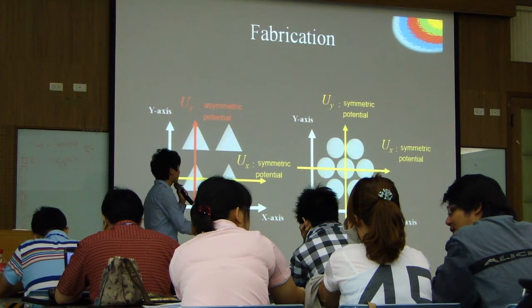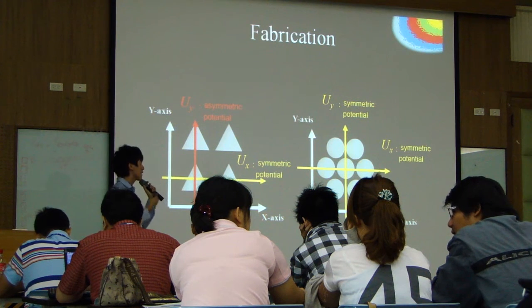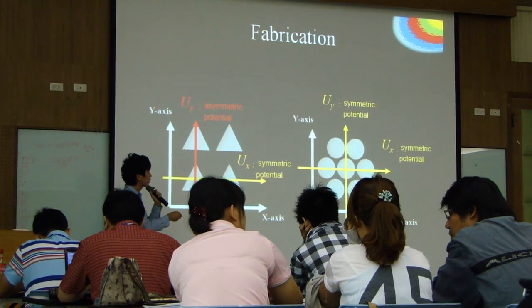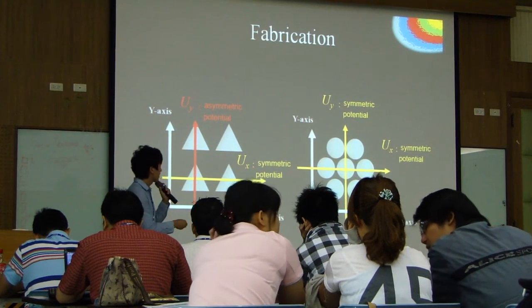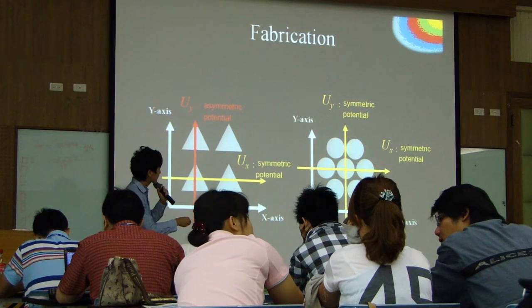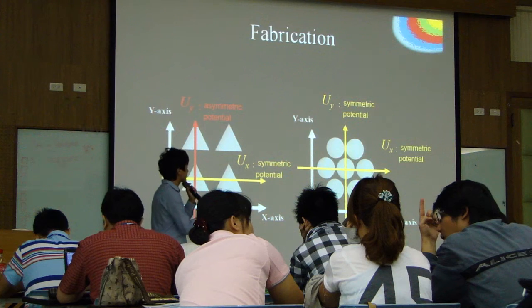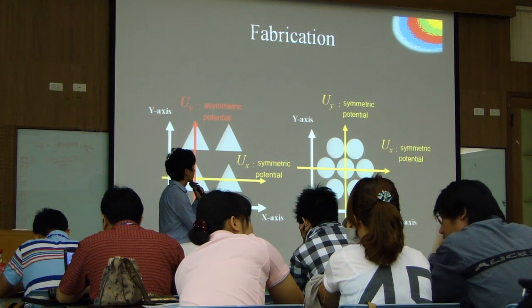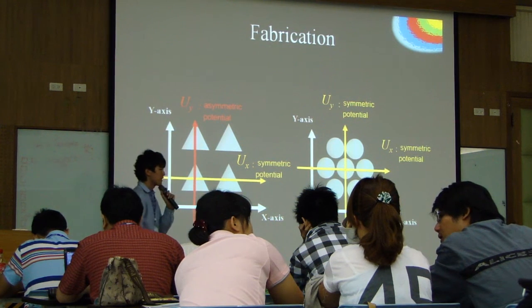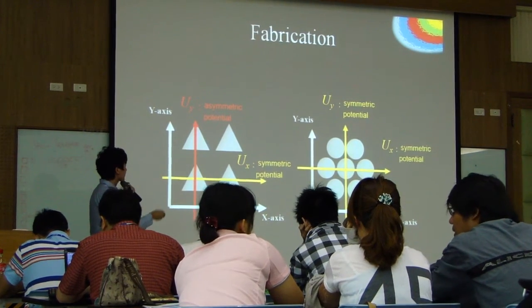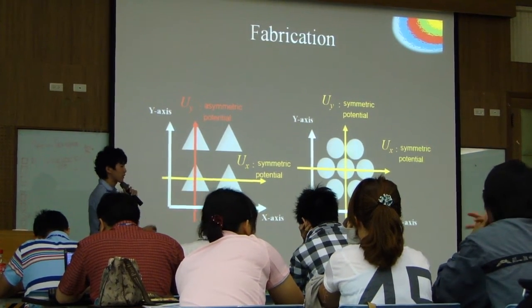But our pattern is a simple triangular array, so the potential in the x-axis and y-axis is the same, a symmetry potential. We want to make some difference so that the y-axis will get an asymmetry potential.